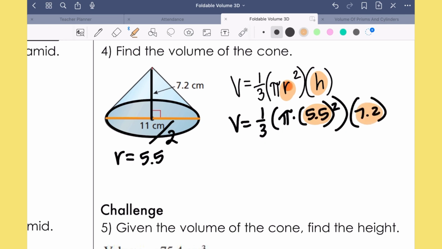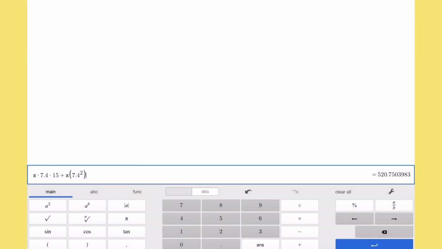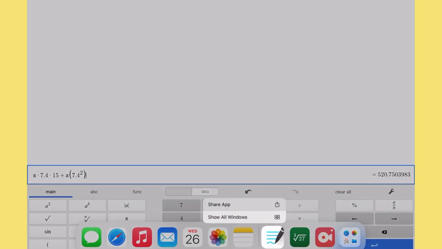Everything else is just copying the formula and writing it down accurately. Okay? So you would go to Desmos. I'll show you Desmos. And we're going to type that up.